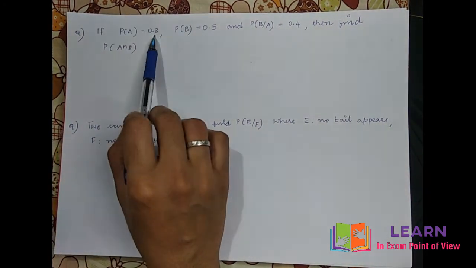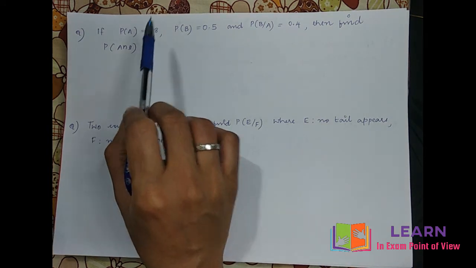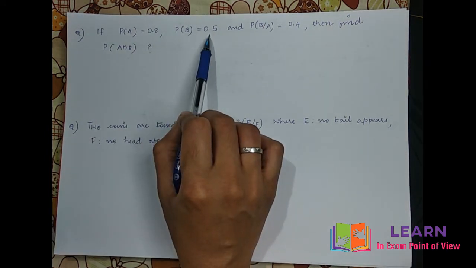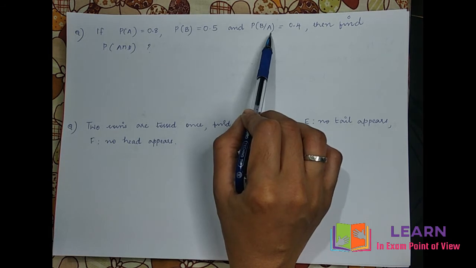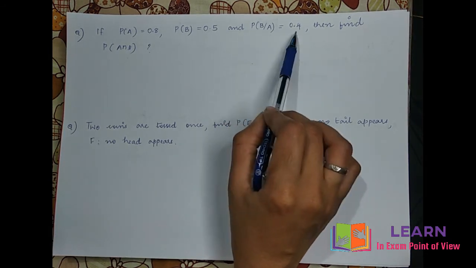Here probability of A is given as 0.8, B is given as 0.5 and B given A is already given as 0.4.